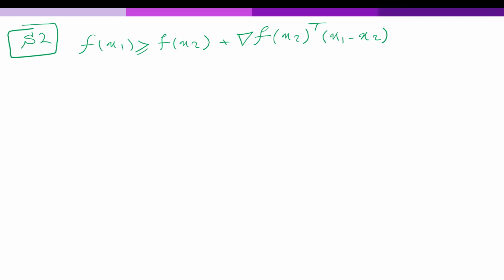Based on that, we can say that f of x1, which is x1 to the power of 2, is greater than or equal to x2 to the power of 2 plus the derivative of that function. So it's 2x, and with x2 as the input, it will be 2 x2 multiplied by x1 minus x2.